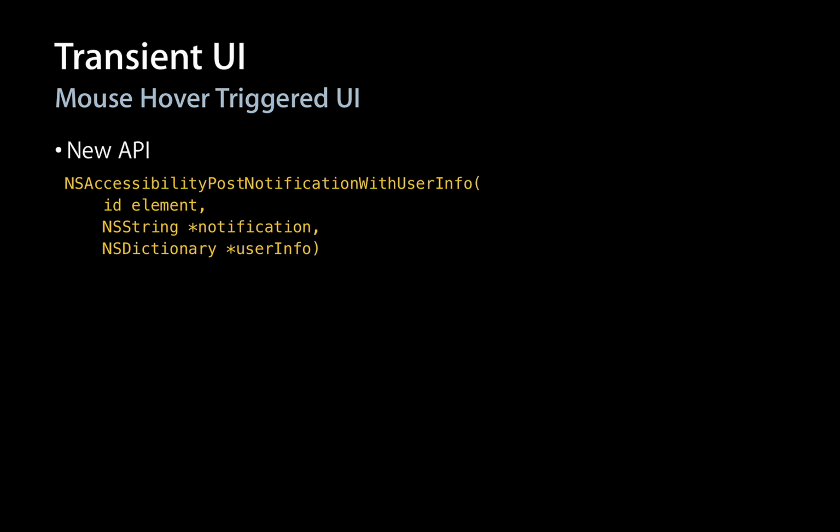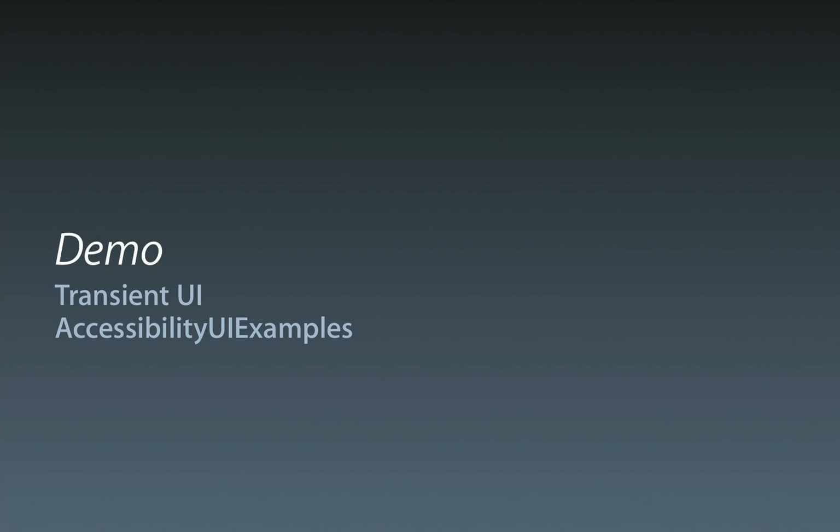Guess what? In 10.9, we introduced a new API for you to do just that. This post notification with user info API takes in an additional parameter, which is the user information dictionary. So to see how this all works, I'm going to go ahead and demo it to you.